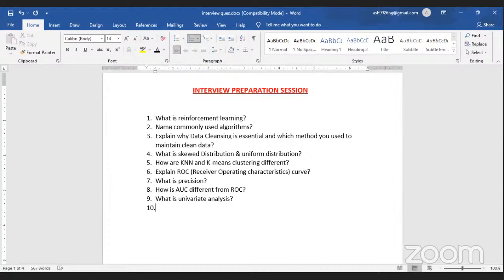It is an analysis which is applied to one attribute at a time, known as univariate analysis. Box plot is a widely used univariate model. That is called univariate analysis.